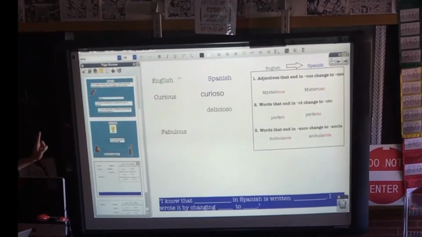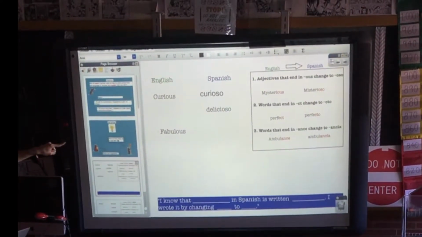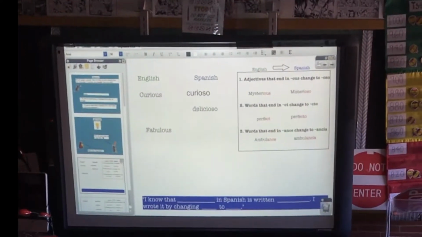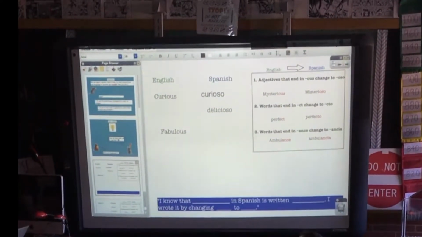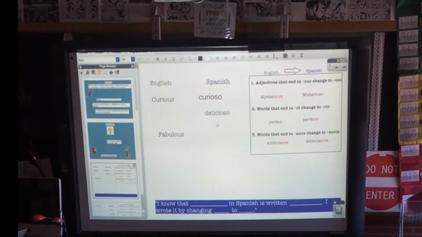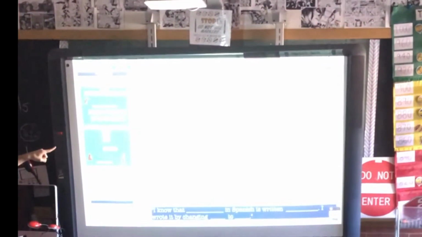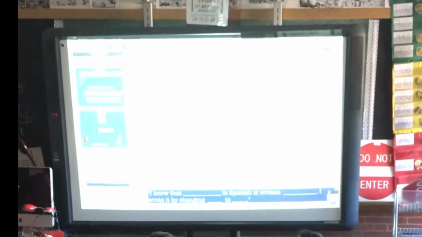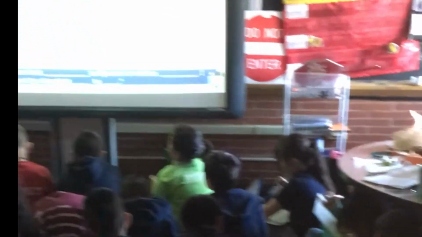So now, the opposite. Let's look at this word in Spanish. Delicioso. Delicious. Alright, so now, on your boards, write the word delicioso in English. And make sure you follow the rules. So you're looking at the rules.